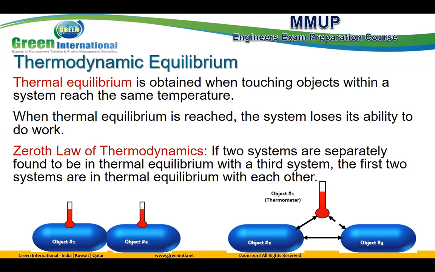Clear? For example, this object and this object, but we have another object 3 here. This object 3 is touching this one, in thermal equilibrium with this one, and in thermal equilibrium with this one. So the first two are now in what?